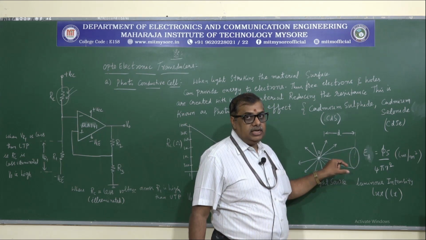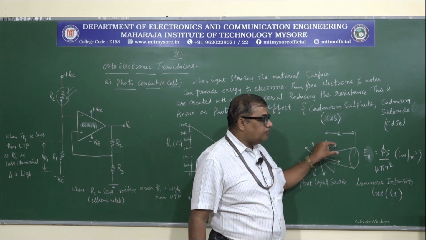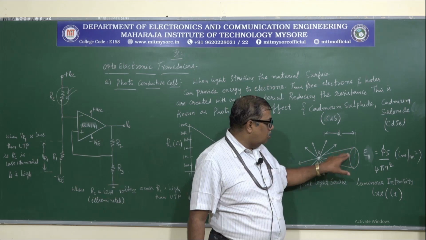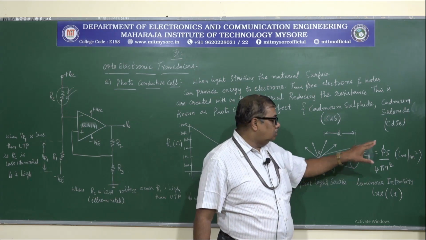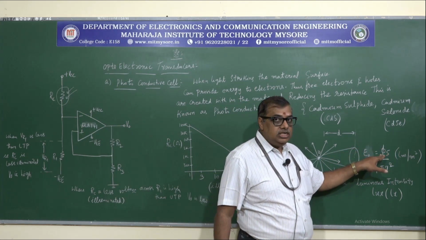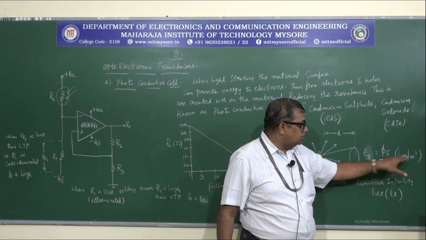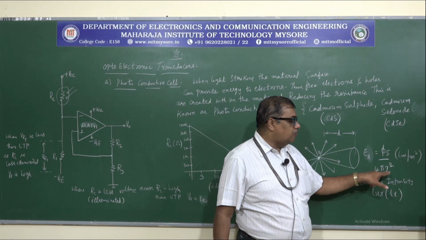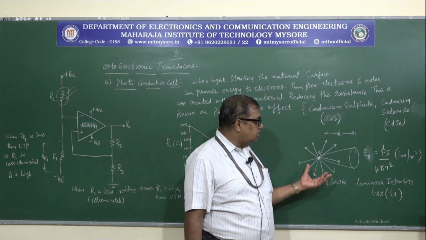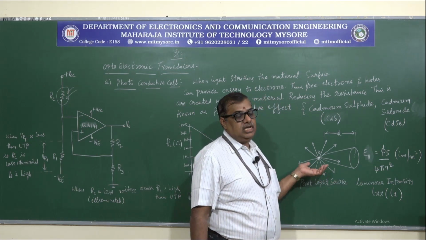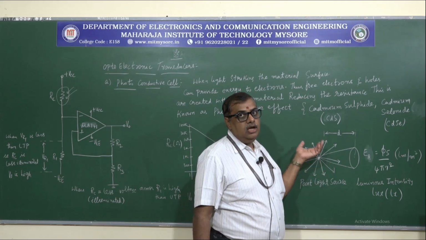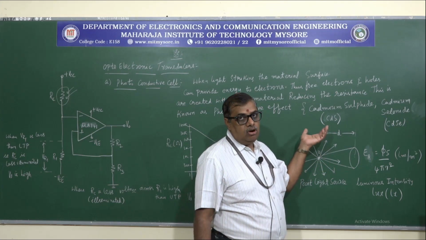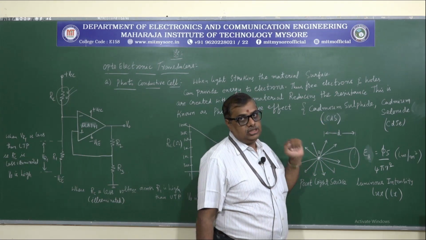I will consider the light coming out of the source as a small sphere, and the intensity is measured in terms of lumens per meter square. Therefore we have taken phi S by 4 pi r square. This is the basic principle of any photovoltaic cells or optoelectronic transducers.